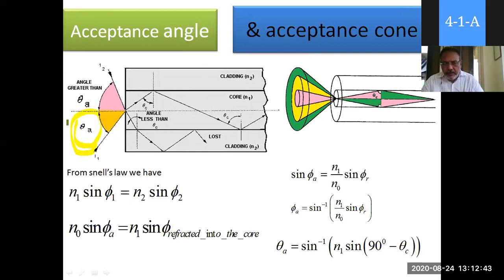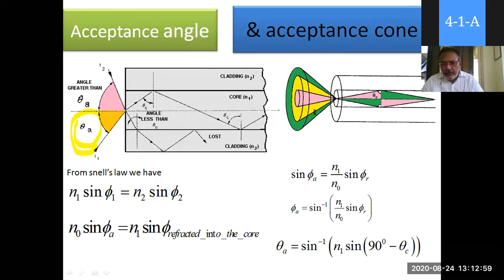This theta A variation is given with the different colors here. If theta A is very small, pink cone. Similarly, yellow cone. Similarly, green.